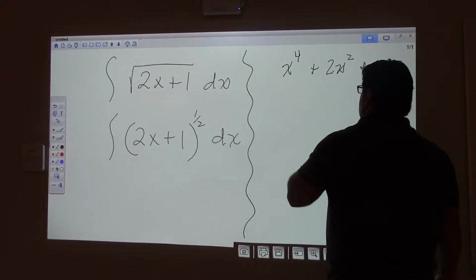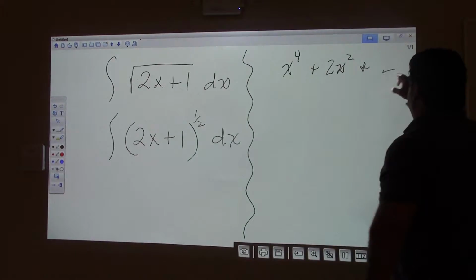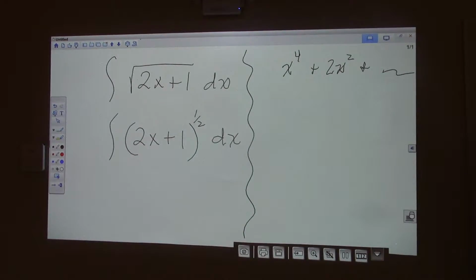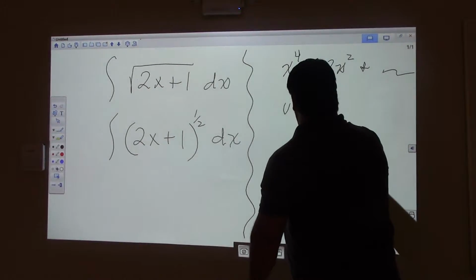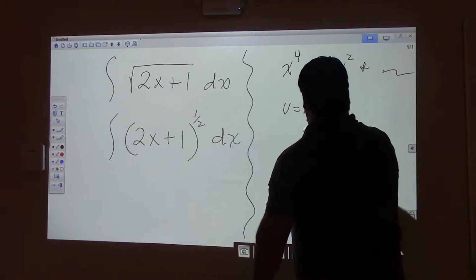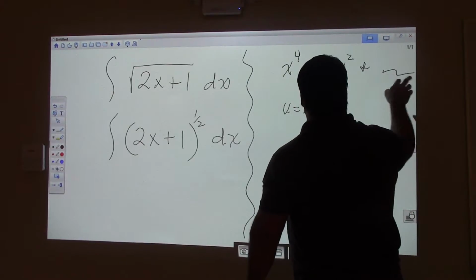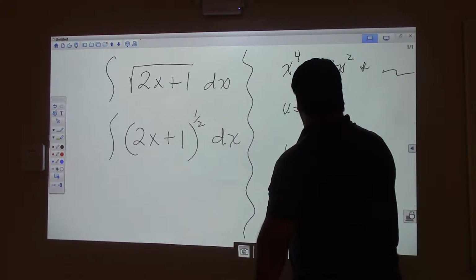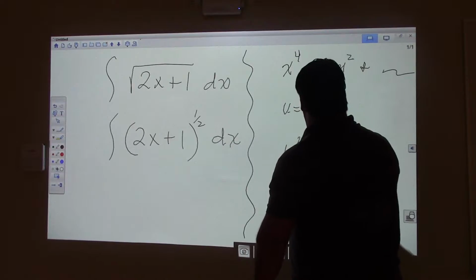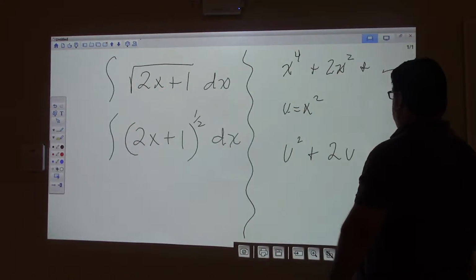I can't think of one right now, so I'll just put a blank here. And you remember saying, well, wait a minute, we can make u equal to x squared. And if u is equal to x squared, we can rewrite this as u squared plus 2u plus blank.